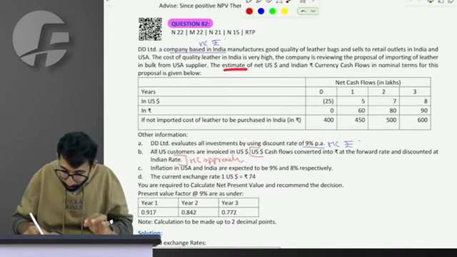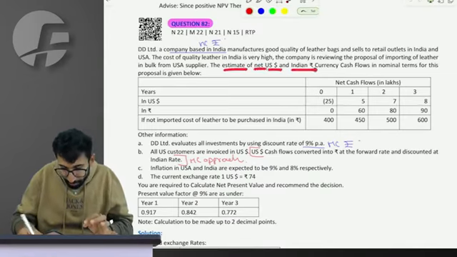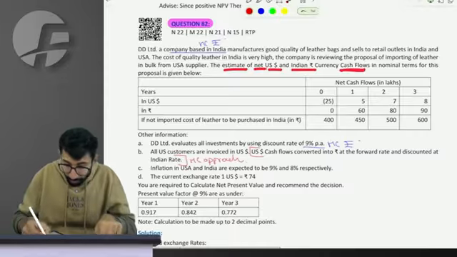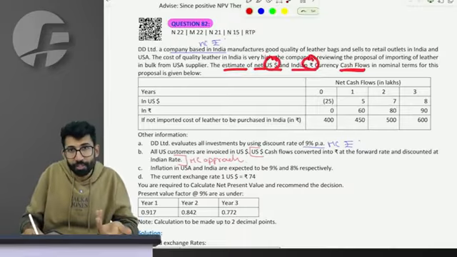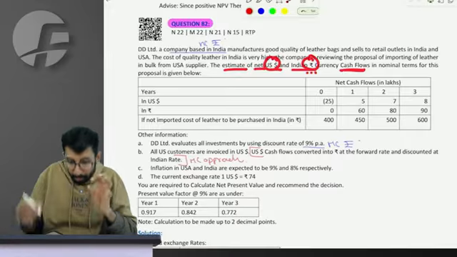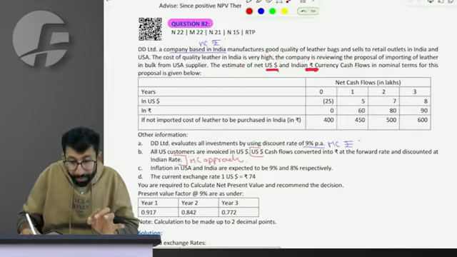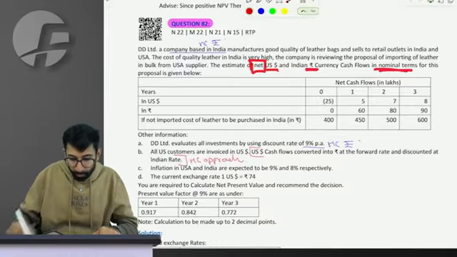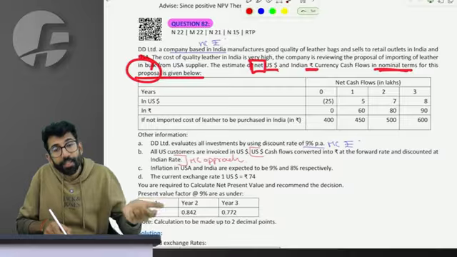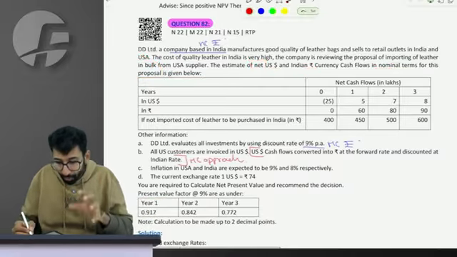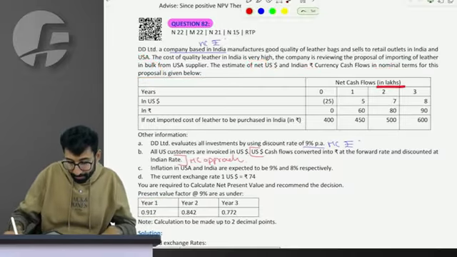The estimate of net USD and Indian rupee cash flow, in terms of dollar and in terms of rupee. When I export in dollar, it's a US cash flow. Import from US, dollar cash flow. And similarly India, US and rupee cash flow net, in nominal terms for this proposal of importing from US and selling to India and US. The cash flows are given below in lakhs.